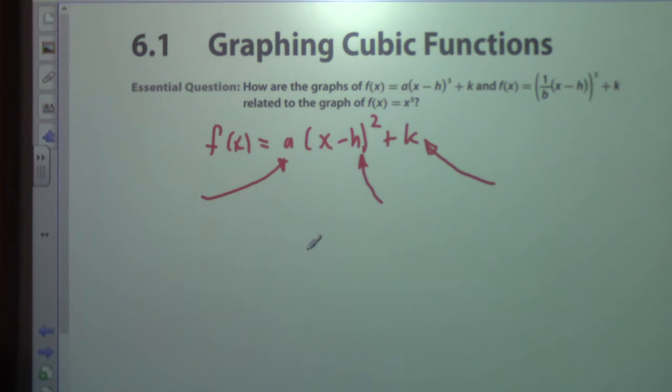Is the k the y-intercept? No, it's not, but it's closely related to the y-intercept. So it looks like it. I think where he's getting this, if you had y = mx + b, you'd have the y-intercept.